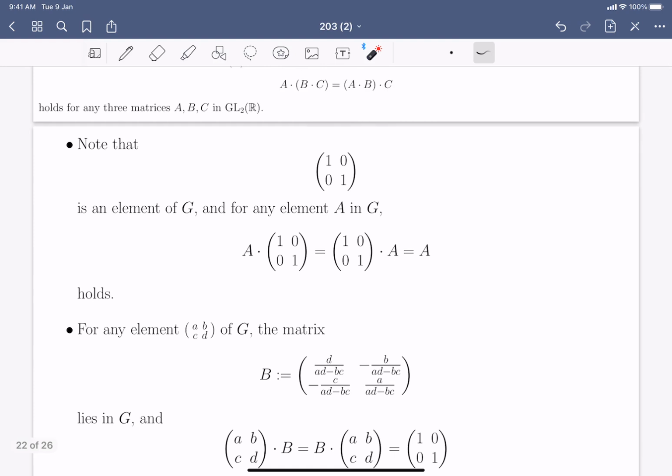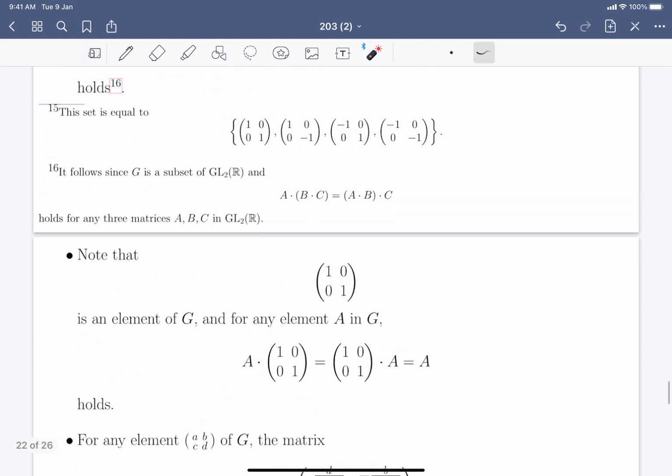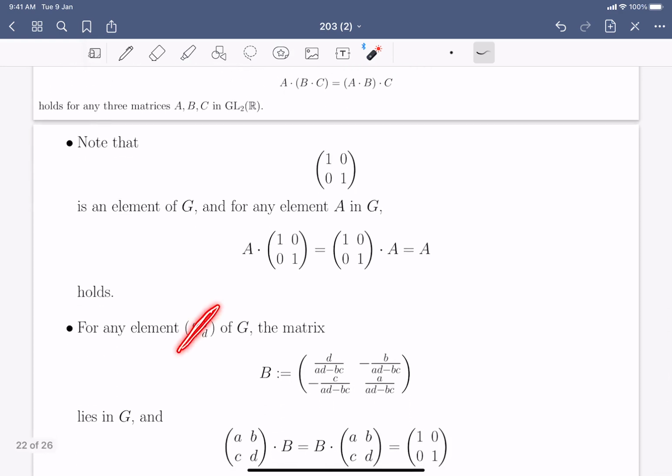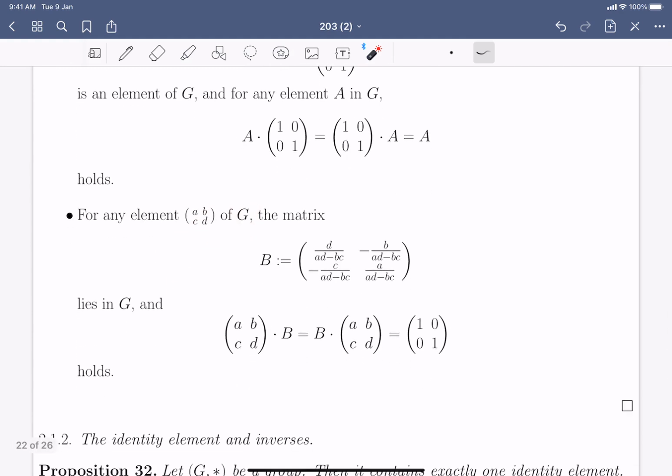And now note that these off diagonal entries are 0, so bc is anyway 0. So bc is 0 for any matrix a, b, c, d inside G. So if bc is 0, these 2 entries vanish.